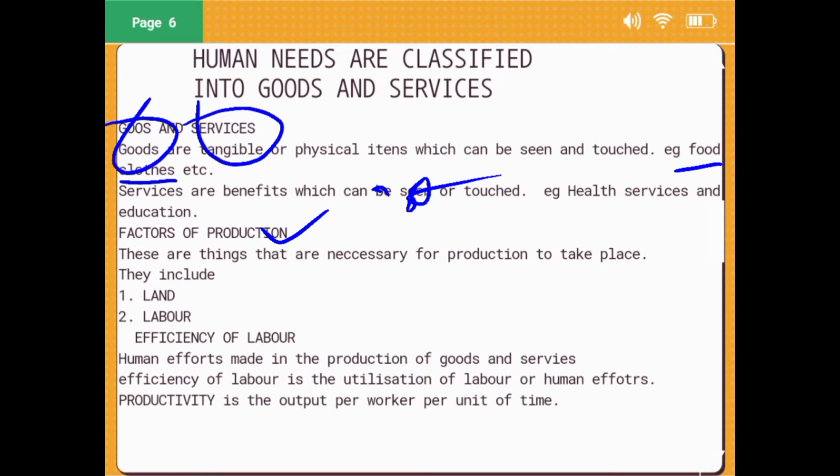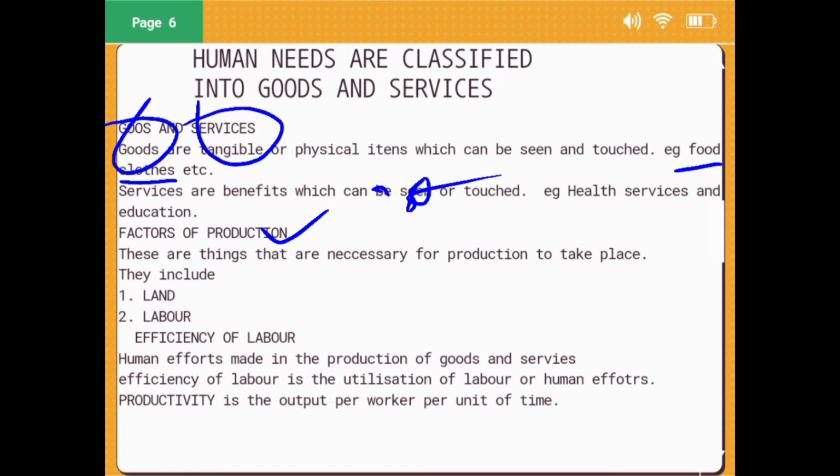Good. So there are necessary things which are needed for production to take place. We have things which are very important and required for you to produce the goods and services.